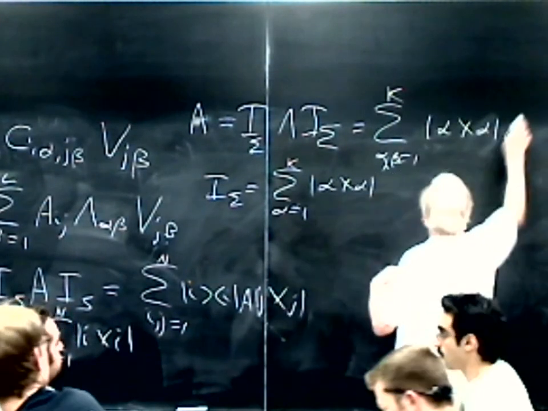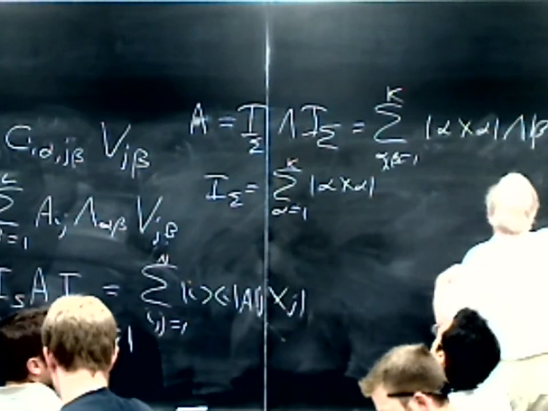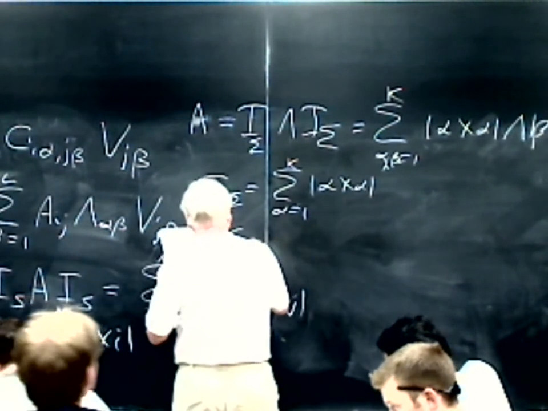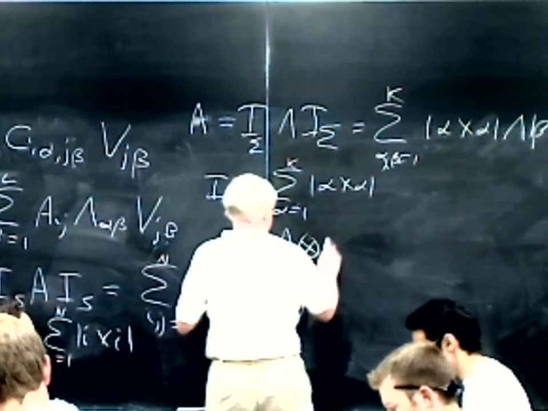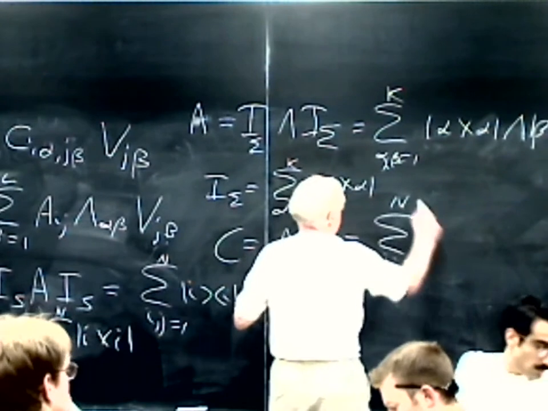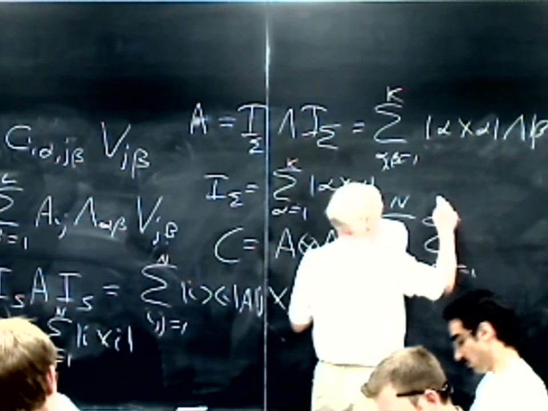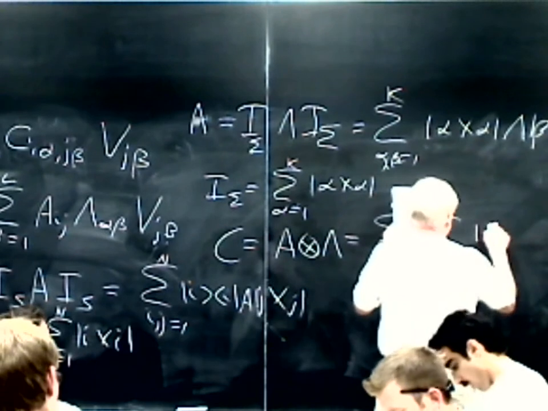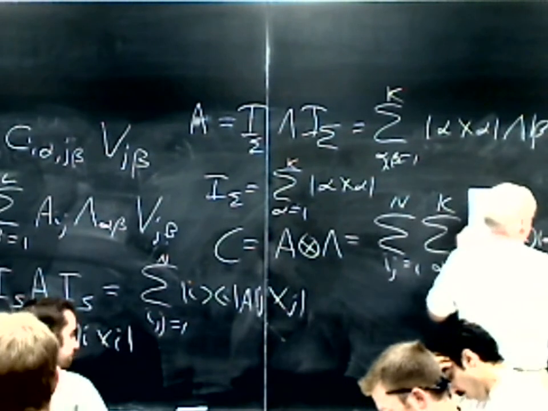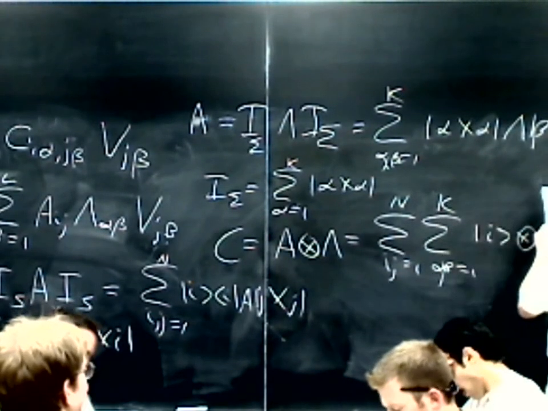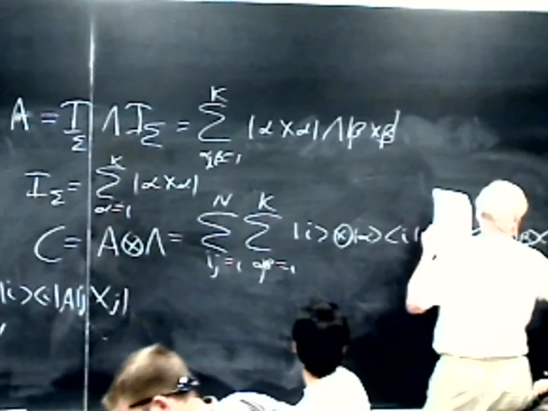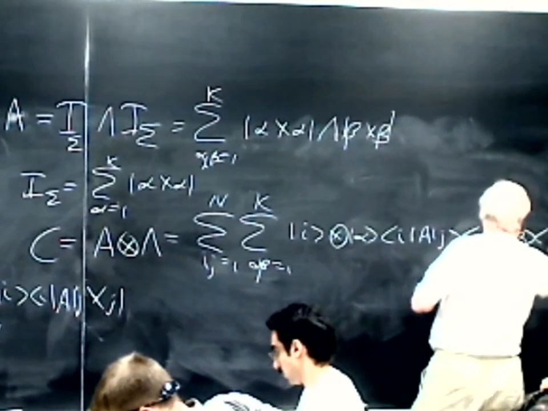Then the direct product is C, which is A cross Λ, such that sum i, j equals 1 to n, sum α, β equals 1 to k, and we have |i⟩ cross |α⟩ A_{ij} Λ_{αβ} ⟨j| cross ⟨β|.